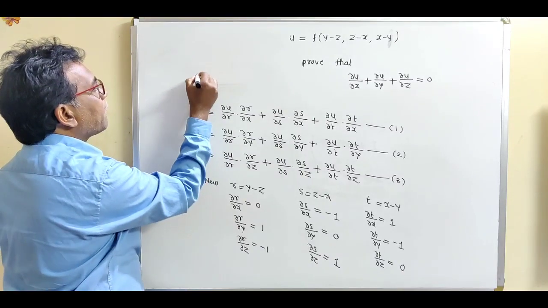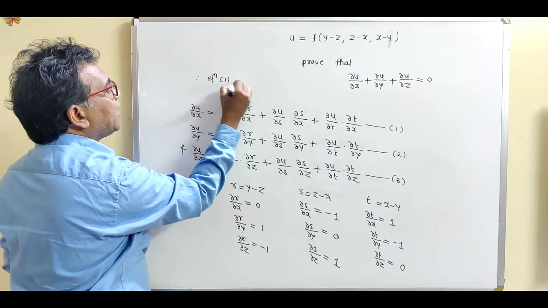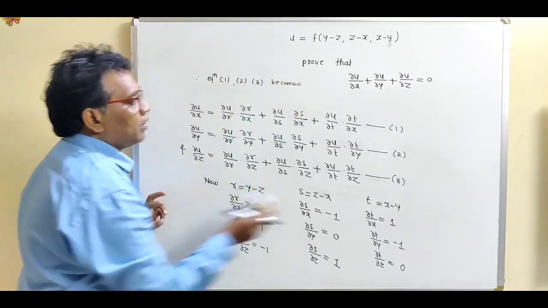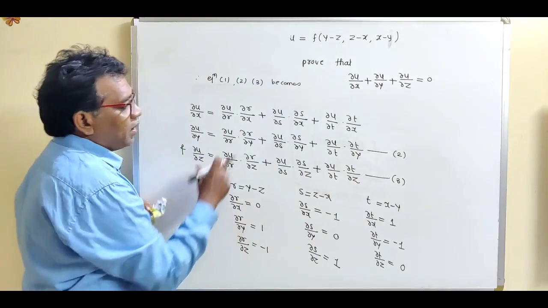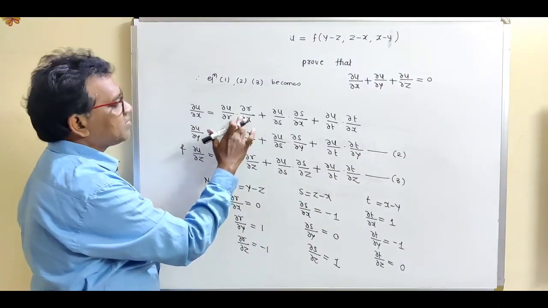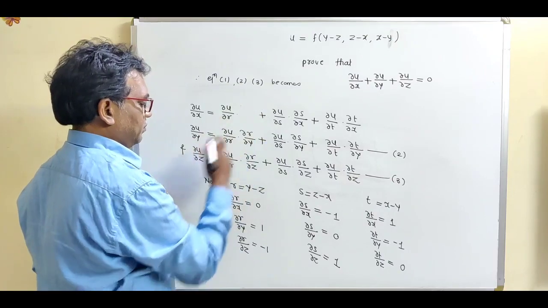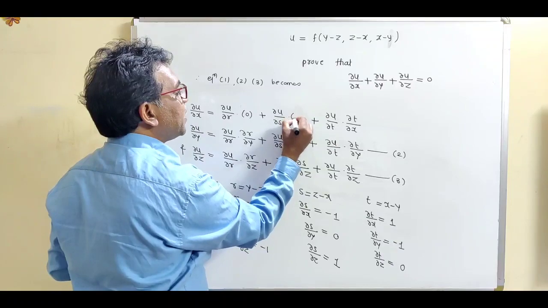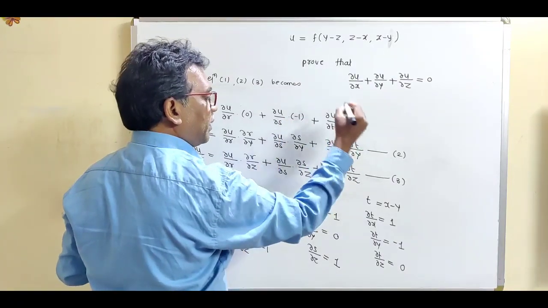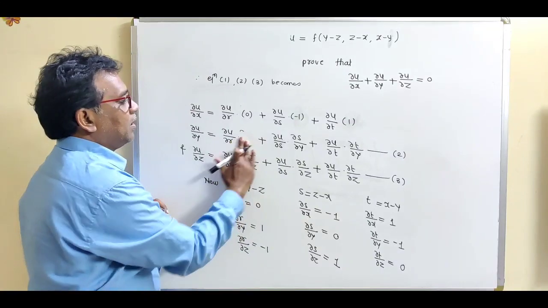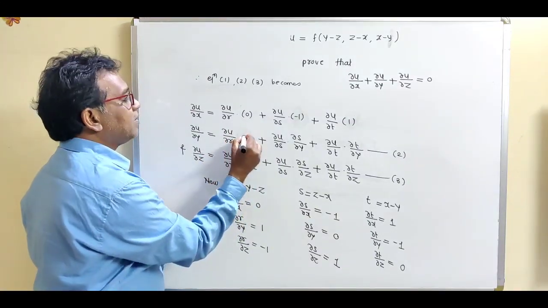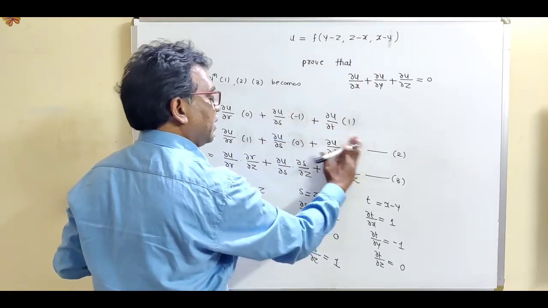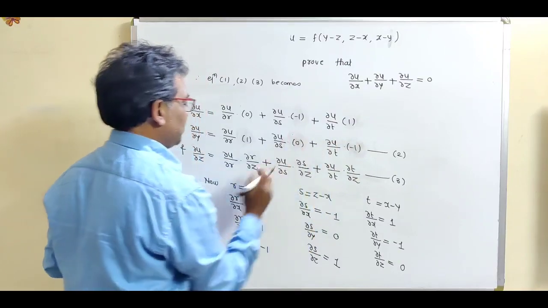Therefore equations 1, 2, 3 become, in equation 1, ∂r/∂x equals 0, ∂s/∂x equals minus 1, ∂t/∂x equals 1, ∂r/∂y is 1, ∂s/∂y is 0, ∂t/∂y is minus 1.